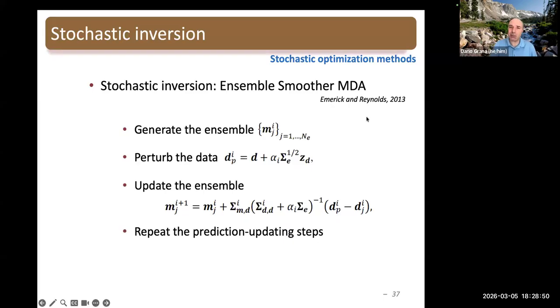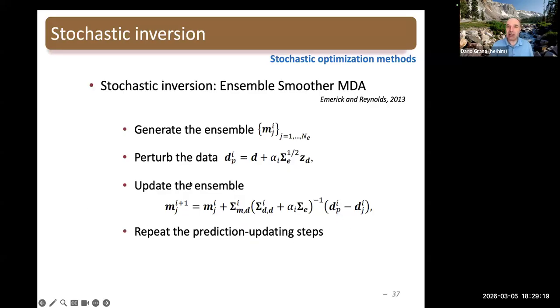This is one of the most cited papers in Computers and Geosciences. In the same way, the paper by Buland and Omre is one of the most cited papers in Geophysics. So the idea of the ensemble smoother is you generate an ensemble of realizations, for example, 100 realizations of the 3D volume of porosity. And then you have some data that you measured, and you compute the theoretical response using your forward model, for example, the seismic.